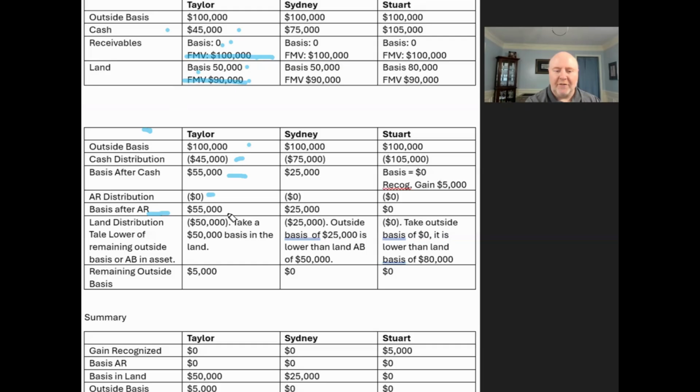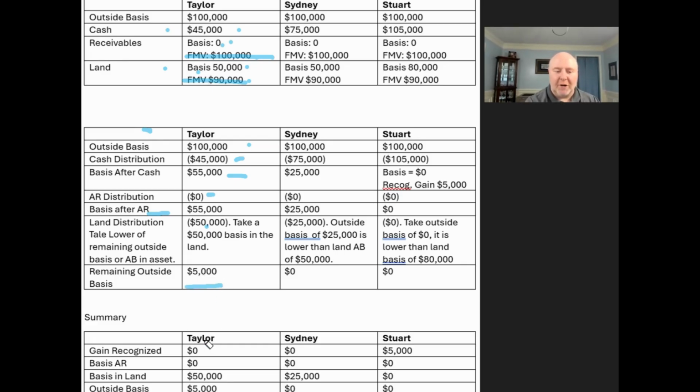So our basis after accounts receivable is 55,000. We have enough basis to accommodate this $50,000. So we'll take the 50,000. Taylor's going to take a basis of 50,000 in the land, and we're going to reduce her basis by $50,000, which was the basis of the land that she received and that she now has in the asset. And that's going to put us at a remaining basis of $5,000. So our remaining outside basis will be $5,000.